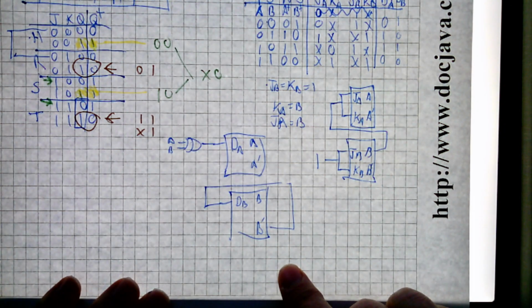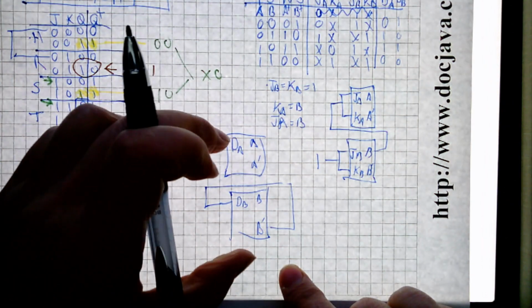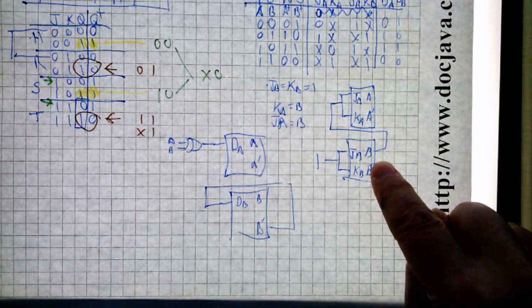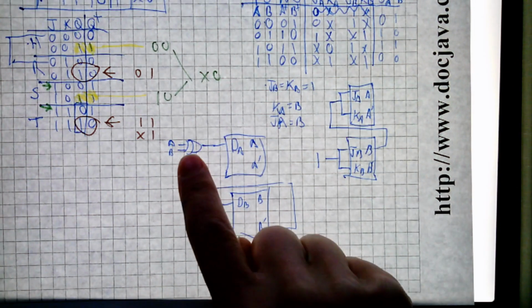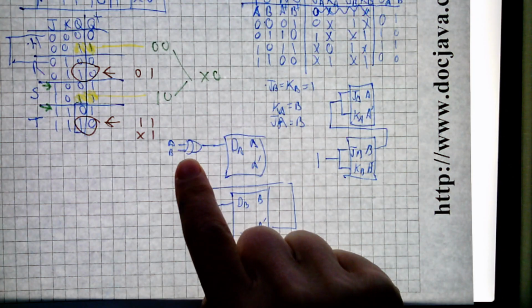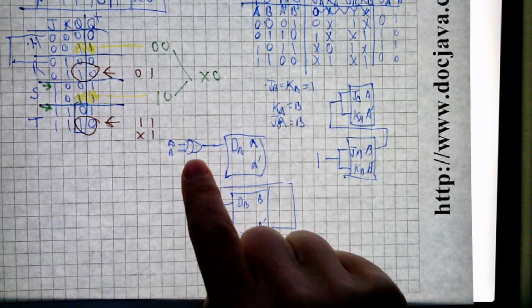So that's a more complicated implementation than the JK flip-flop because of this extra gate, which will cause not only additional cost, but additional delay and make everything slower.